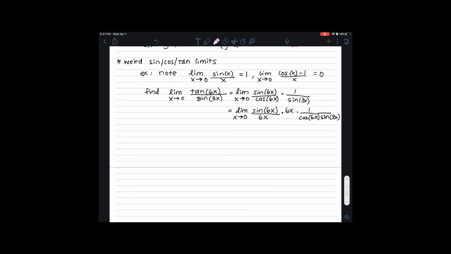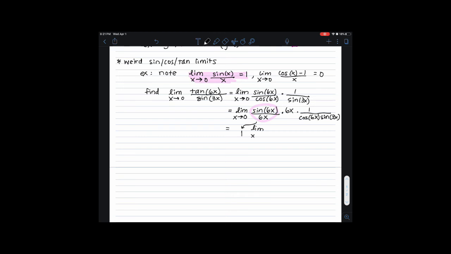Okay, so using this guy up here for the new fraction that we just created is going to give us this guy becomes 1 because the limit of 6x over 6x as x goes to 0 is 1, thanks to the equations they gave us at the beginning.